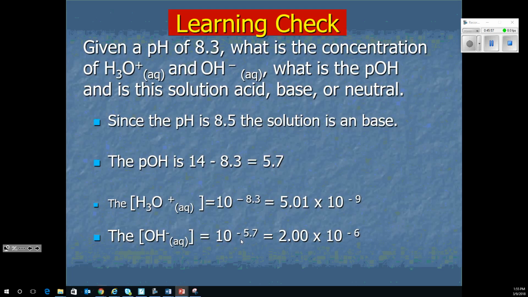It says the OH is 10 to the negative 5.7 equals 2.00. If you put that into your calculator, that's what you'll get. You can't leave it like that because that's not a correct answer. So you put 10 to the minus 5.7 in and you get 1.9999 whatever, so it goes to 2.0.